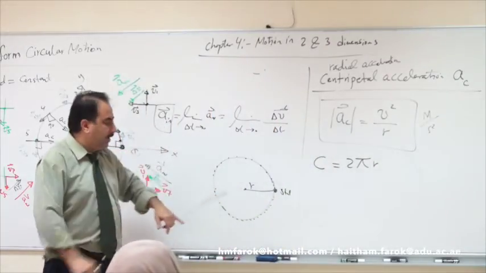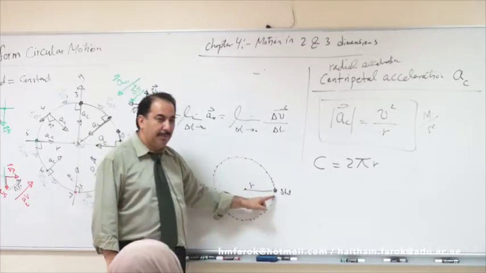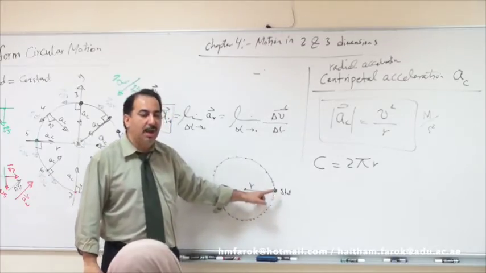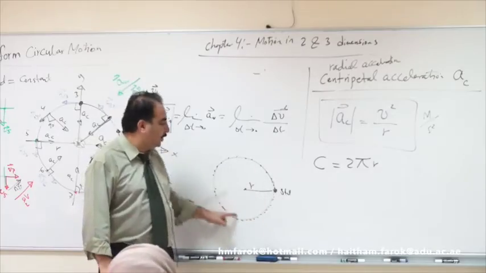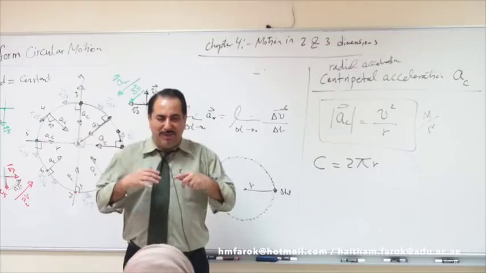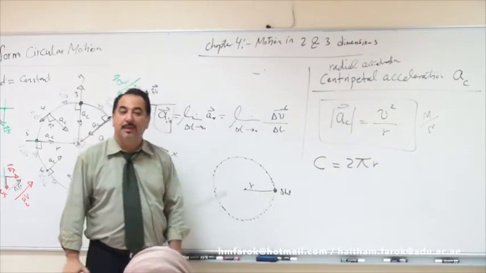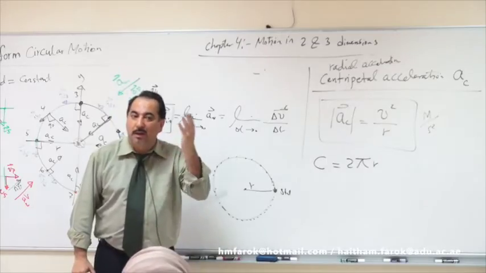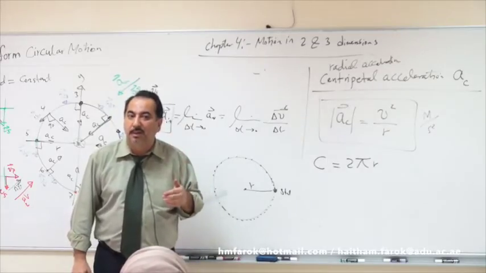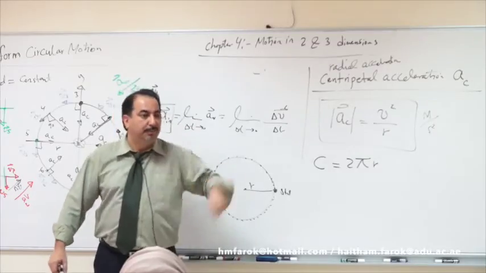Okay, now again, start from here, go around and back to there. How much time did you spend from here back to there? When I say how much time, I don't want you to give me a specific time. What do you call this time if you start from here back to there? Period. Good, very good. Time of one revolution.